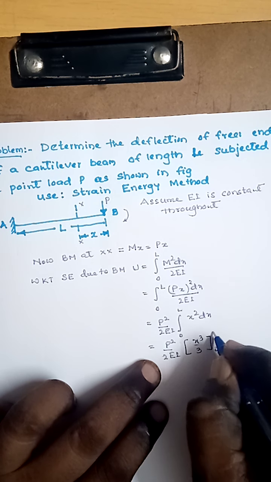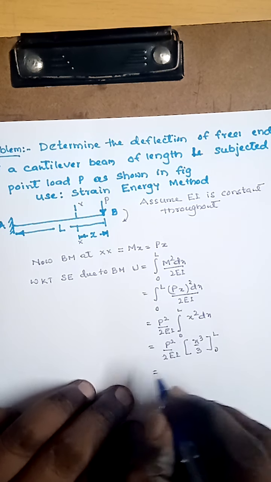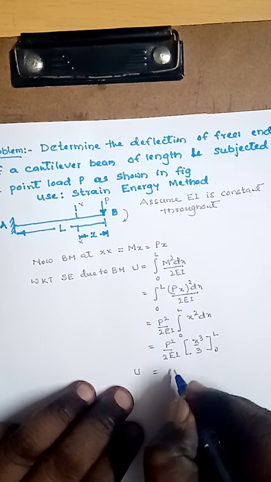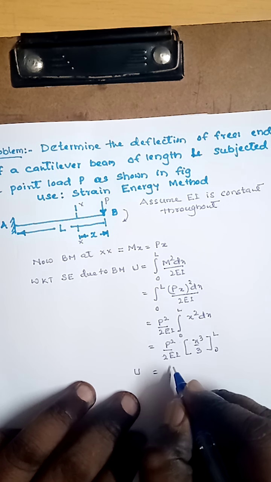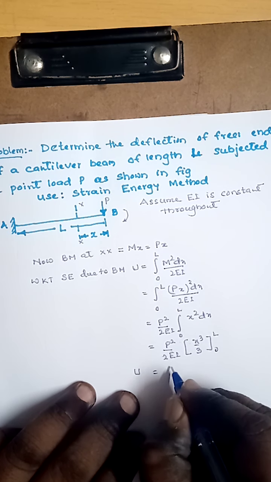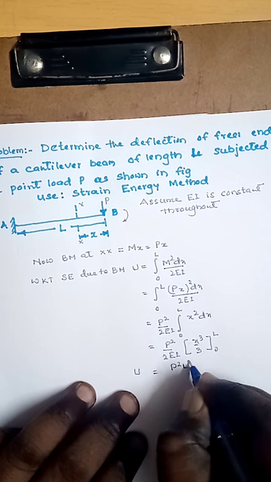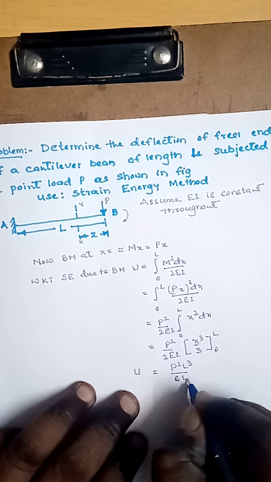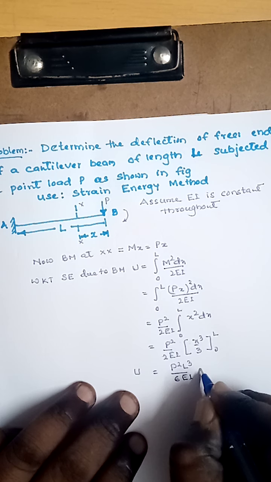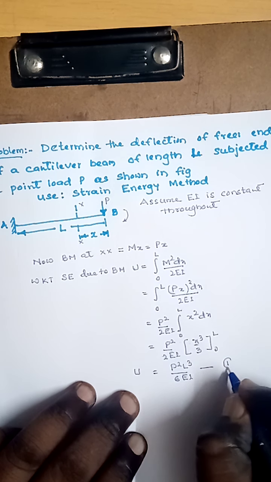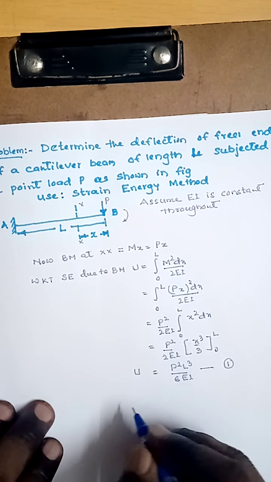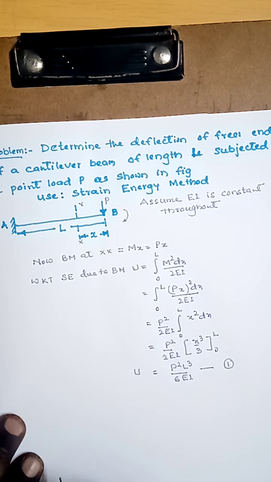Now by substituting the limits, the total strain energy stored in the body is P square L cube divided by 6EI. This one is the internal work done or the strain energy. You can give it as equation number 1.